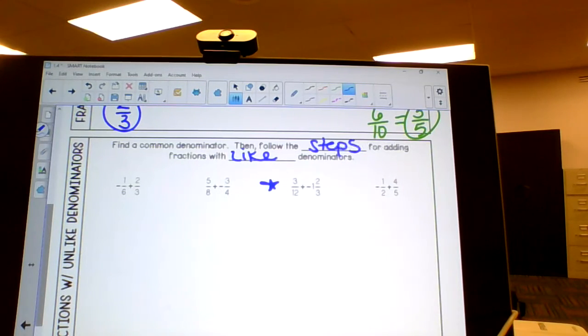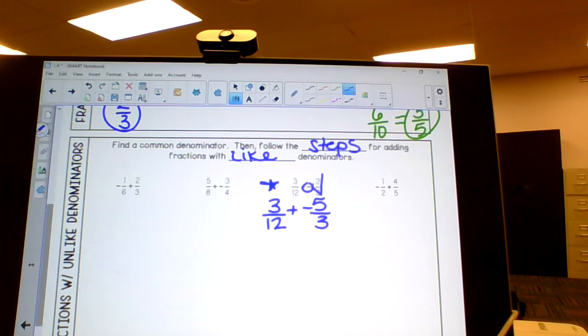So, looking at it, step 1 is to change all mixed numbers to improper. So, 1 times 3 is 3, plus 2 is 5. And that's the one that's negative, so I'm going to keep my negative there. Everybody okay with what I did? Okay? And then after I make them improper, then I have to have a common denominator.